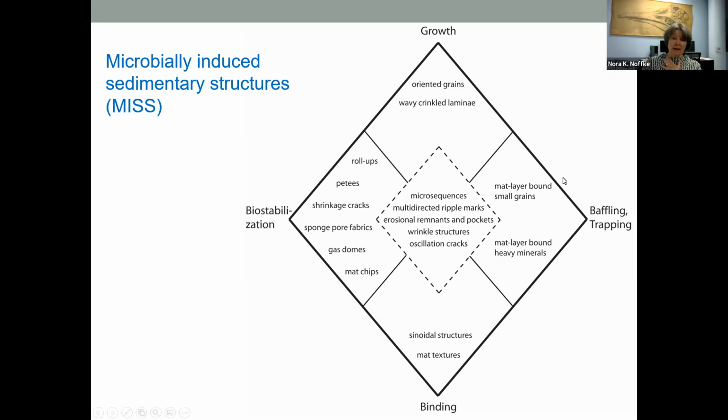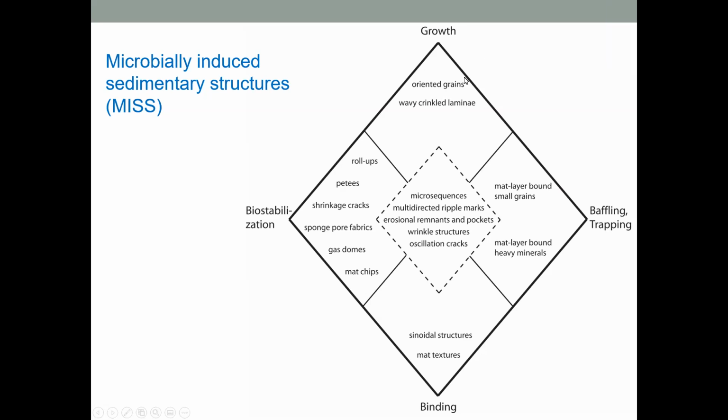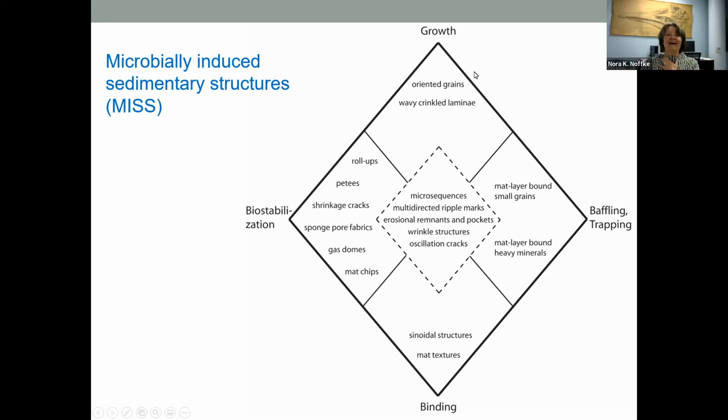So there are 17 main types of MISS arranged in this diamond-shaped graph here. And so there are different ones. Those are the main agents of formation, and certain sedimentary structures are related to the main agent here.